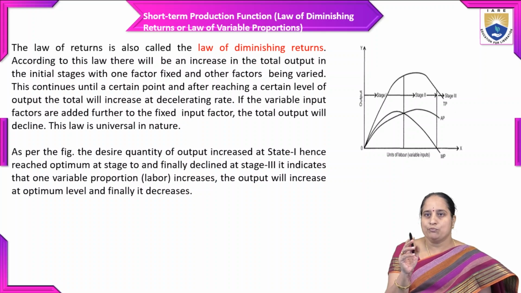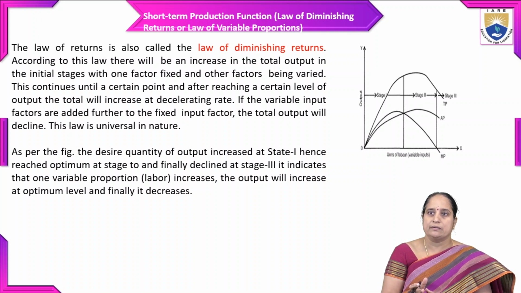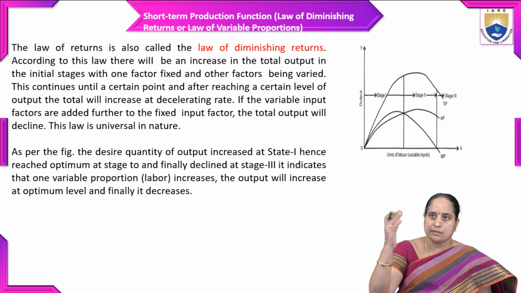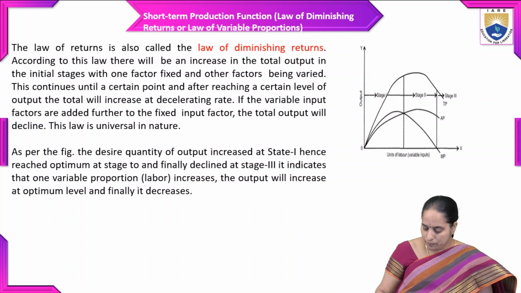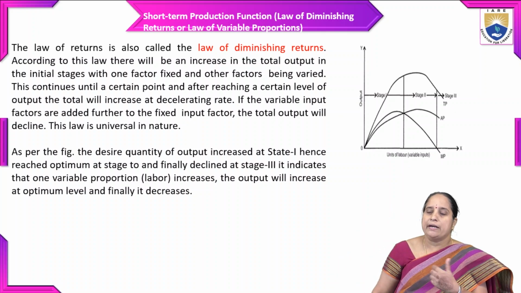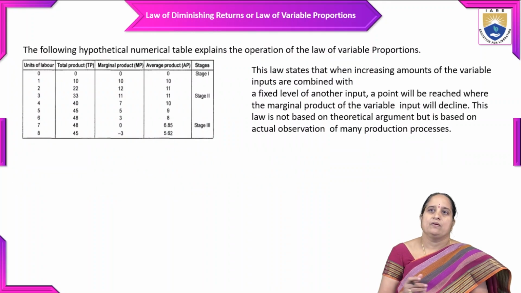It indicates that as the variable proportion, labor, increases, the output will increase to an optimum level and finally it declines. That type of law of return is known as the law of diminishing returns. Initially, you can see a lot of increase in the returns. Thereafter, slowly it is going to decline by adding additional units in the production inputs.